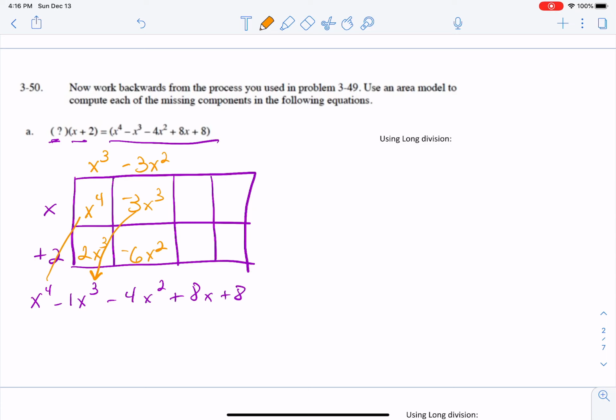Now, what can I add to negative 6x squared to get negative 4x squared? A 2x squared. Working backwards, what times x is going to give me a 2x squared? A positive 2x.